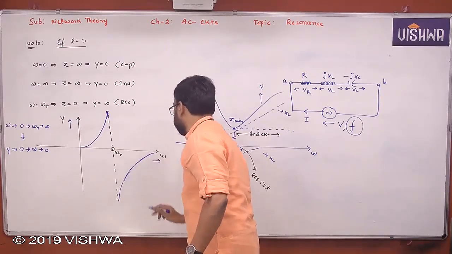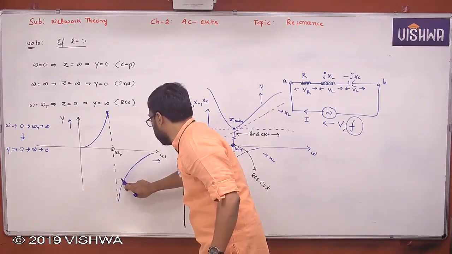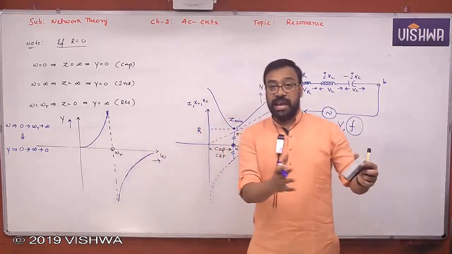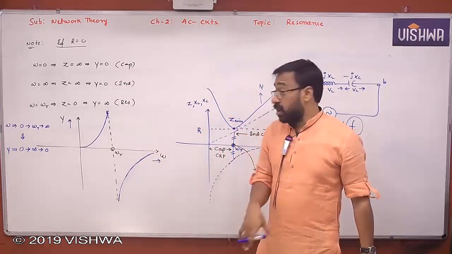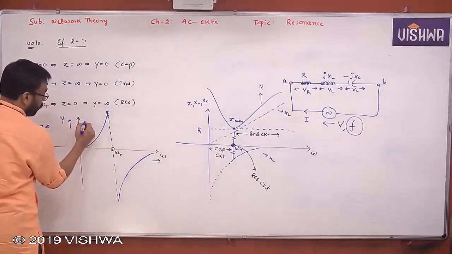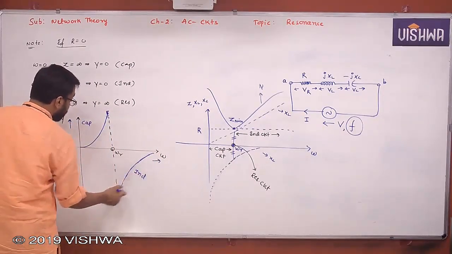That's it. Clear? So very, very important, because one mark questions are coming in a different way, giving 4 characteristics as options A, B, C, D. In that, one option will be like this only. So this is capacitive. What about this? Inductive. I hope you understand.